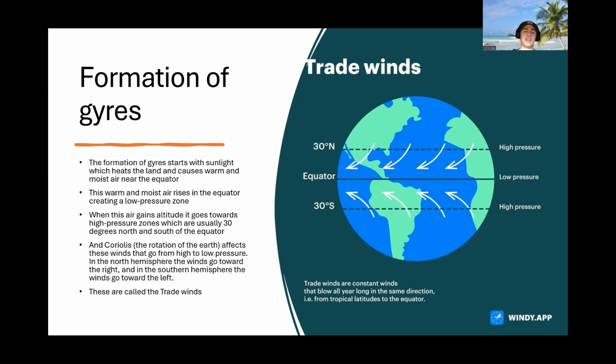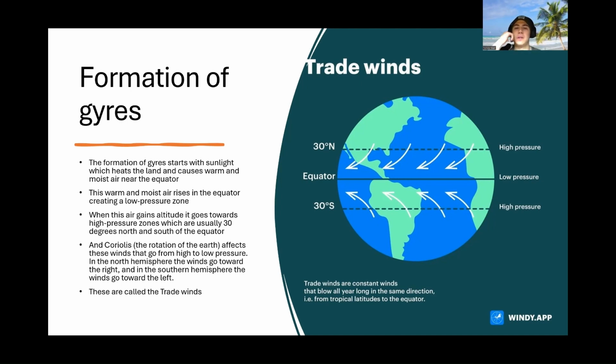And we have to take into consideration Coriolis, which is the rotation of the Earth. This affects these winds that go from high to low pressure. In the northern hemisphere, the winds go toward the right, and in the southern hemisphere, the winds go toward the left. These are called the trade winds.